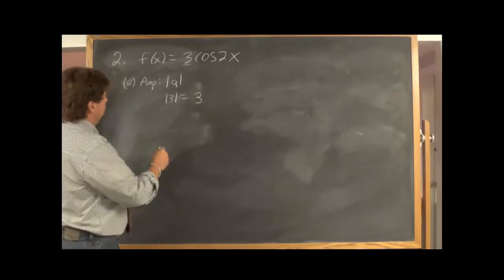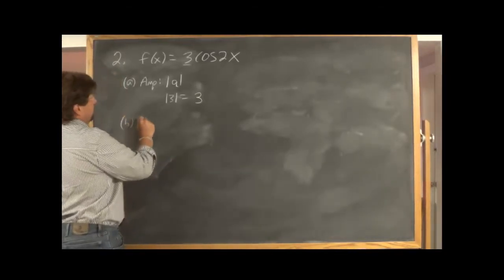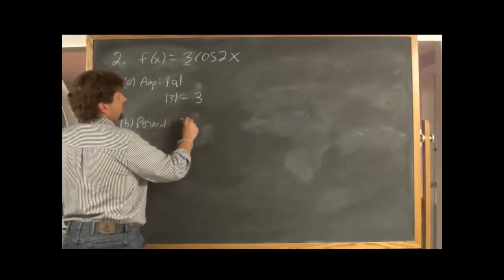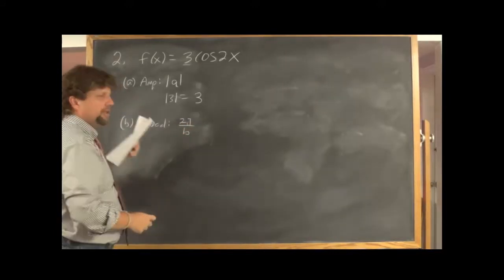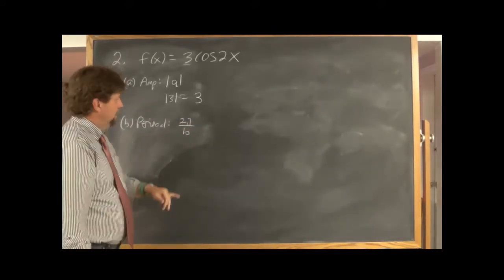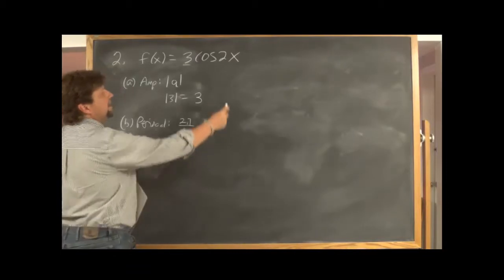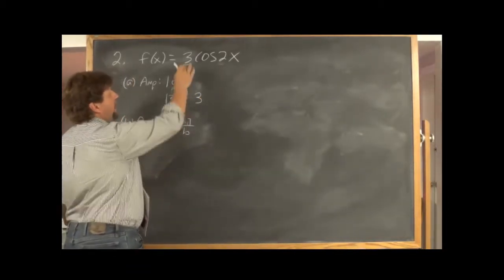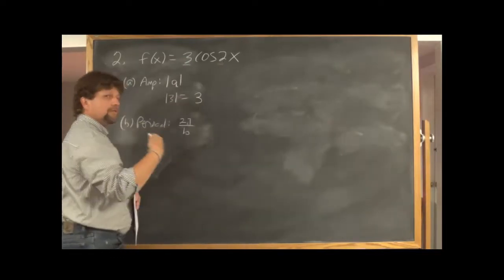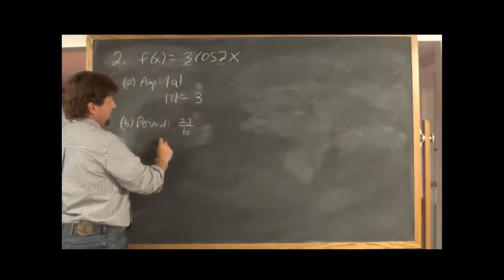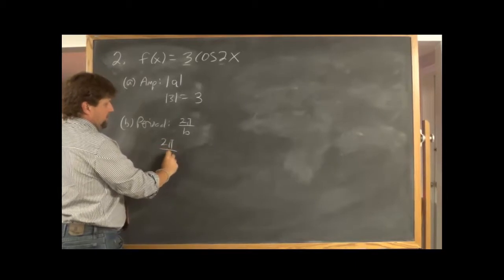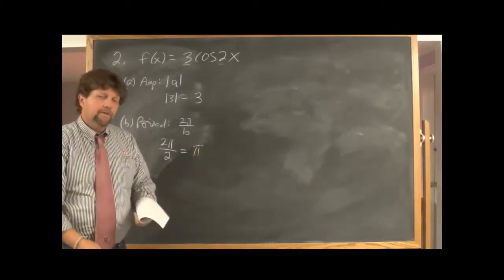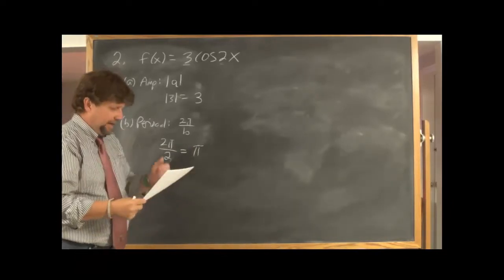In any event, period is given by the little formula 2 pi divided by b, where b is that number right there, 2. So a was 3, b is 2, so for this problem, the period is 2 pi over 2, or pi. So the period for this graph would be pi.